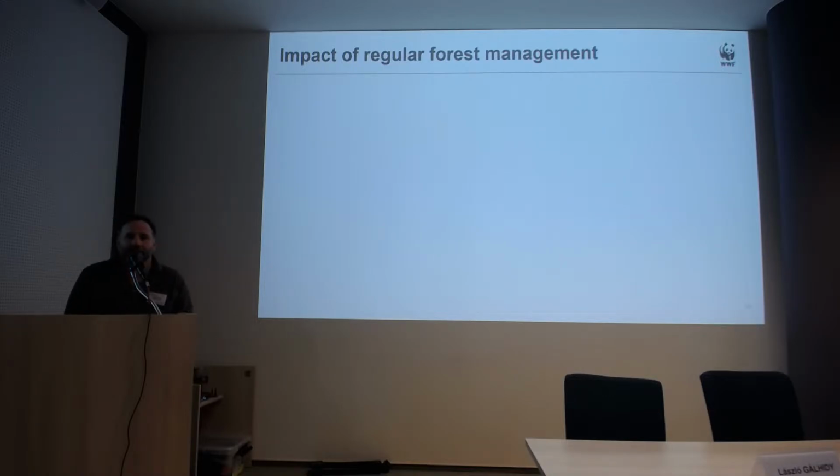I think we wouldn't argue too much on that. It not only replaces the species, but it has a very heavy impact on the composition and the age structure. It removes microhabitats or biotope trees most of the time, of course, depending on the silvicultural method.